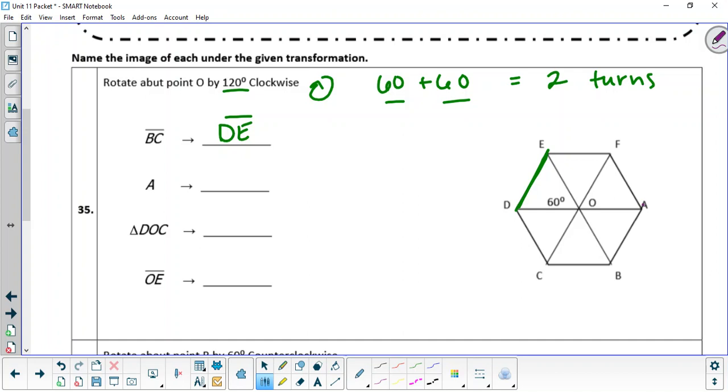Point A, if we're going 2 turns, 1, 2, becomes point C. Now, triangle DOC, if we do 2 turns clockwise, becomes 1, 2, becomes triangle FOE.